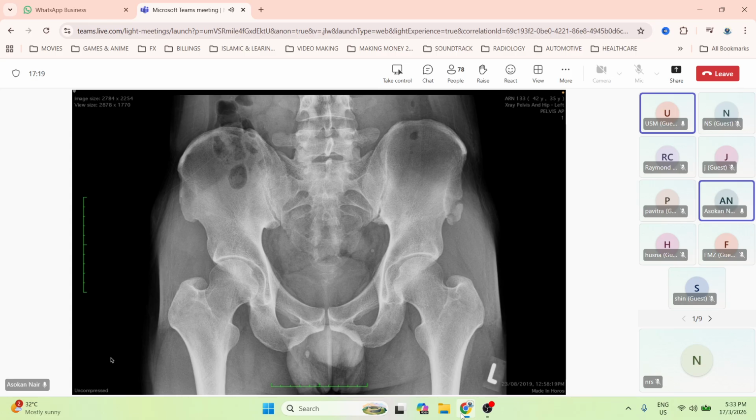Okay. Base of fifth metatarsal, what is attached? Fifth metatarsal. Peroneus muscle. Yeah, peroneus what?